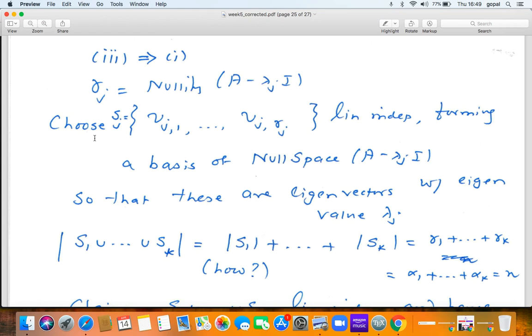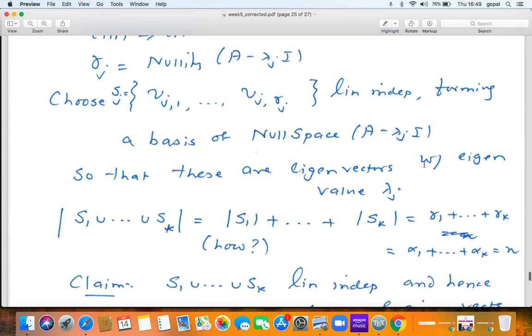So pick vj1, ..., vj gamma j, gamma j linearly independent elements in the null space. So I have taken Sj to be a basis for the null space of A minus lambda j I.